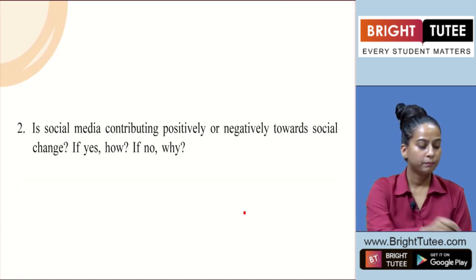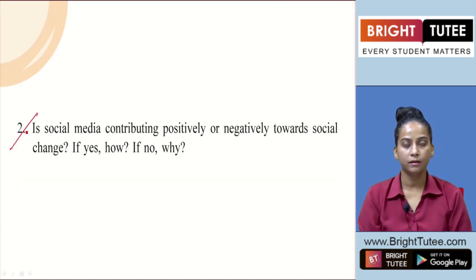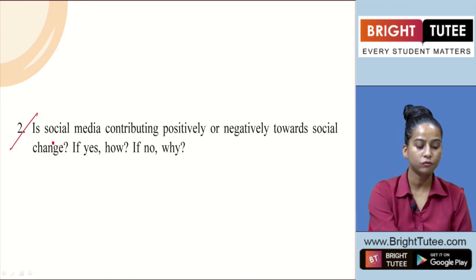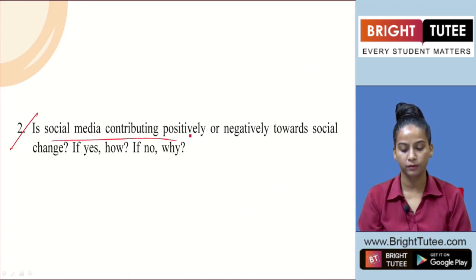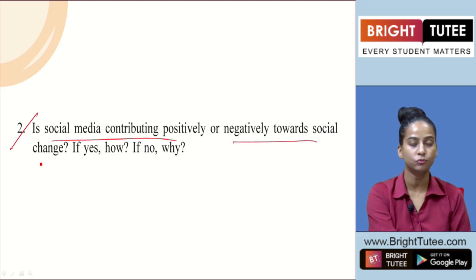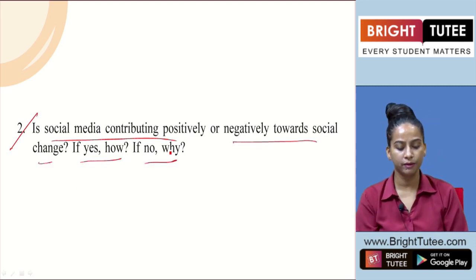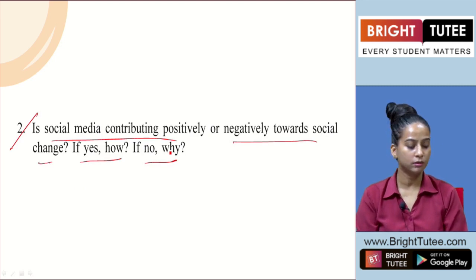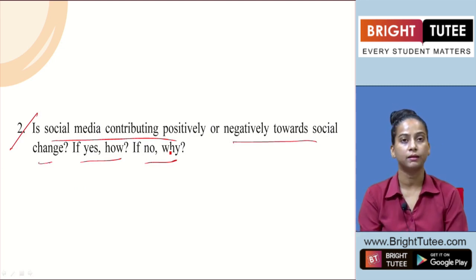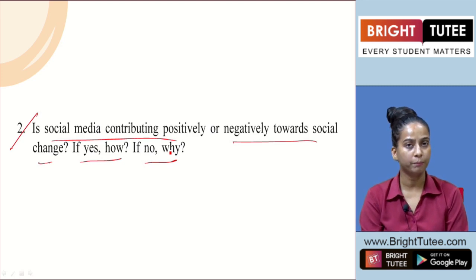Question number 2, based on PSA and HOTS, they have asked: is social media contributing positively or negatively towards social change? If yes, how? If no, why? We know very well that when we talk about social media, both kinds of impact can be seen.